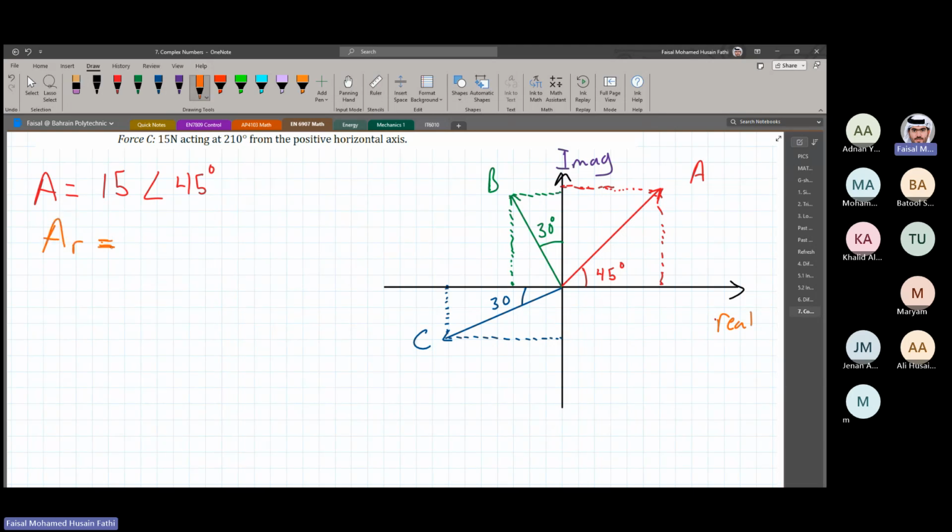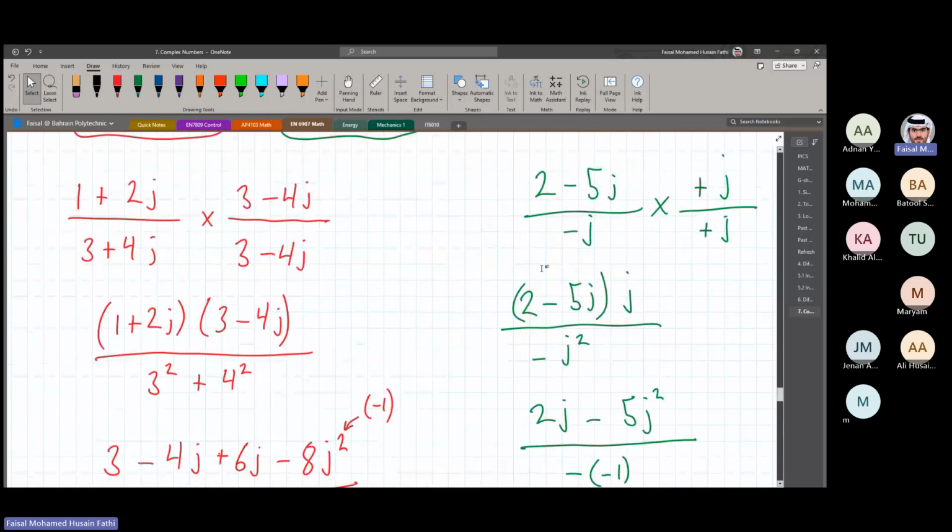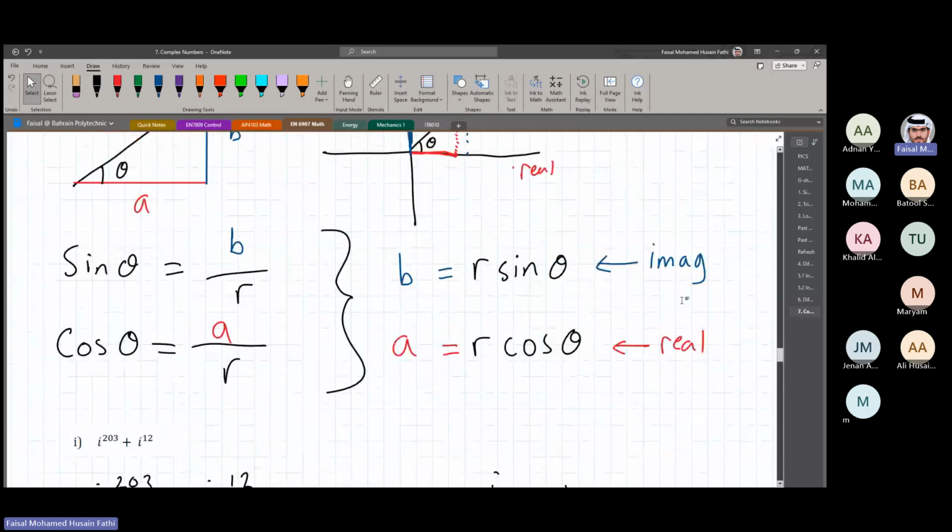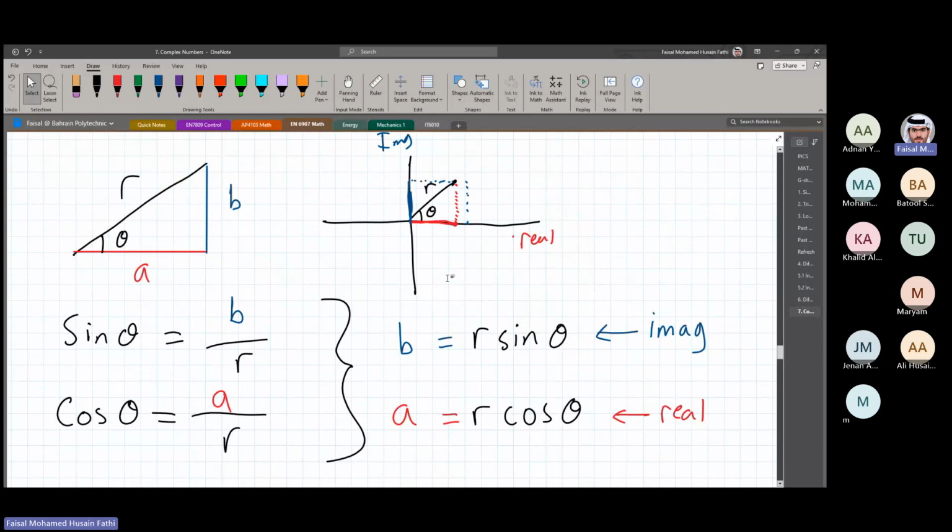AR is equal to, what do you remember from the concepts we learned here? The real is equal to R cosine theta and the imaginary is R sine theta. The imaginary is on the y-axis, the real is on the x-axis.